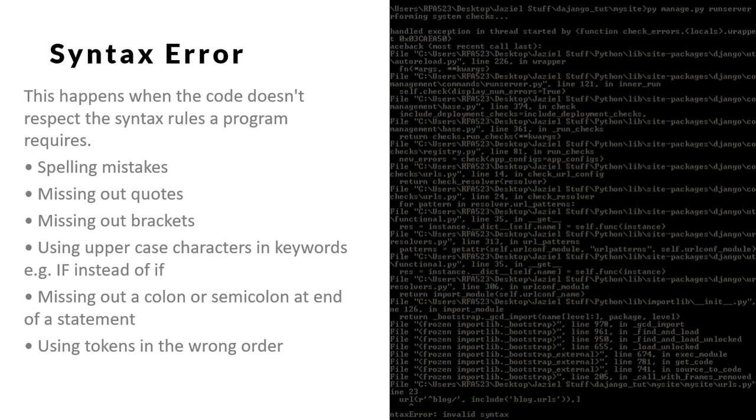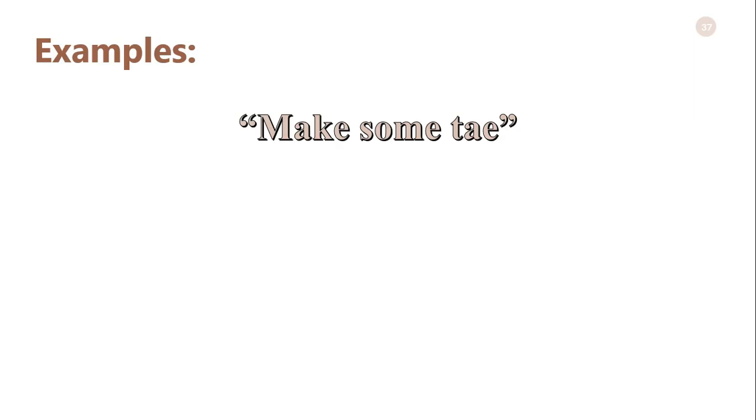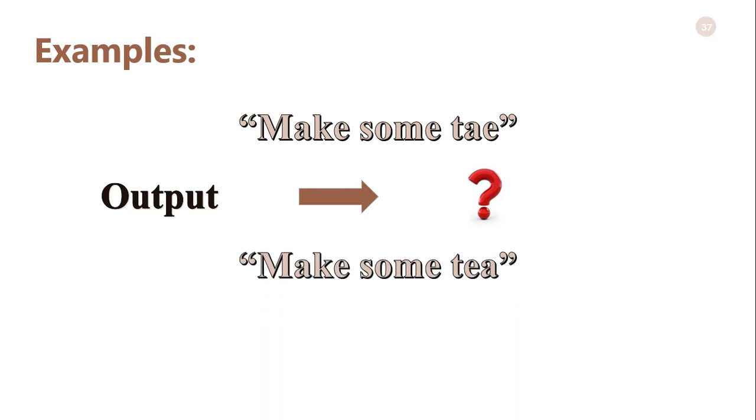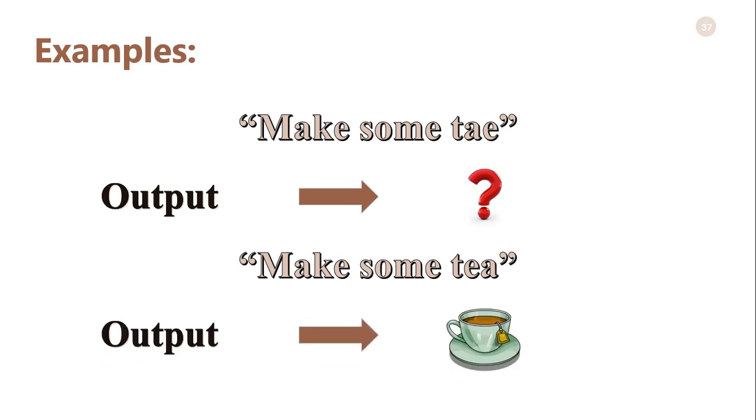For example, think I ask you to make some tea and you don't even know what is tea. Here I have made a syntax mistake, a spelling mistake, and because of this I'm not going to have any output. If I correct it and ask again, make some tea, now you understand what I meant, and I'm going to have tea as an output.